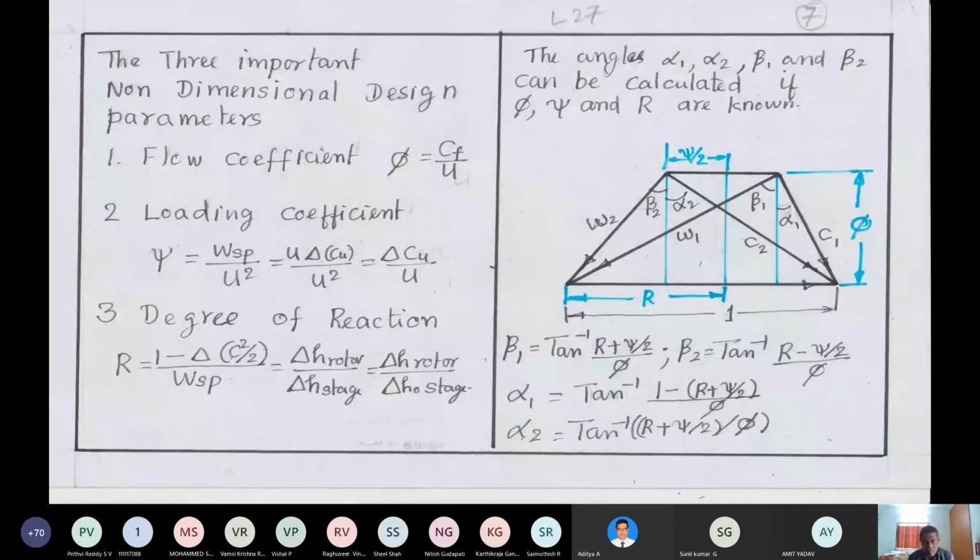Okay, so I think the line here should be 1 minus.